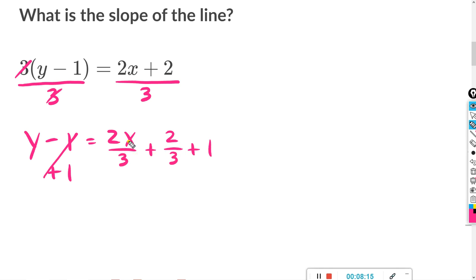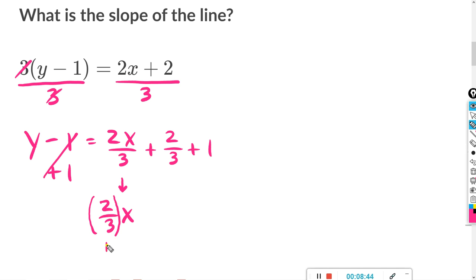So like we said before, when x is in the numerator or out front, that's the same thing. So 2x over 3 is the same as 2/3 times x. It's still a numerator right here. And we can clearly see the number that's multiplied times x is 2/3.